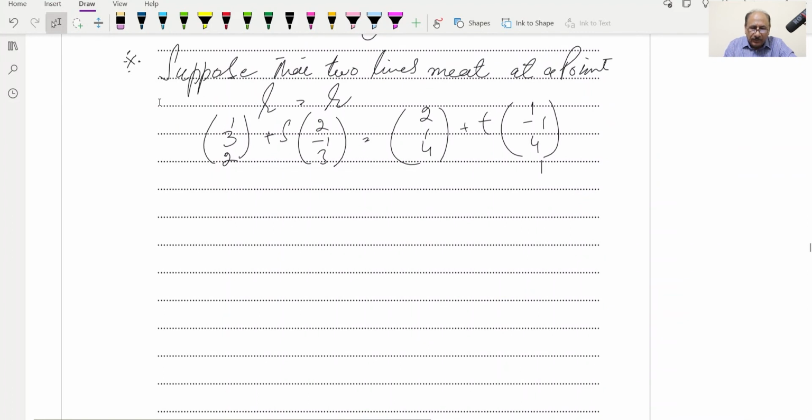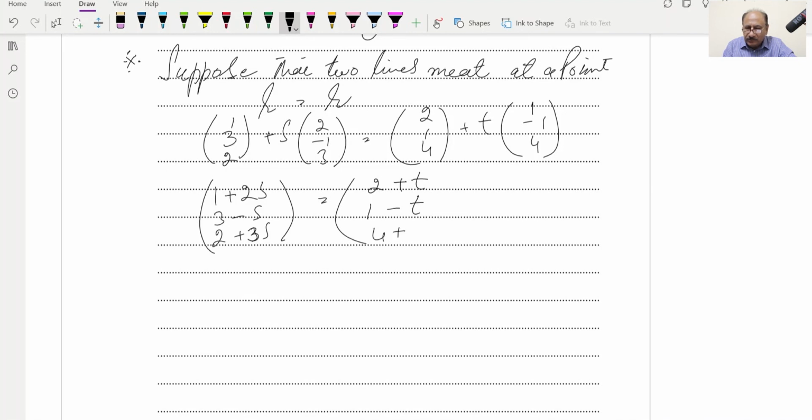Now we can simplify this side. 1 plus 2s, 3 minus s, and 2 plus 3s. This side will be 2 plus t, 1 minus t, and 4 plus 4t. Now we can equate the equations. 1 plus 2s is equal to 2 plus t.